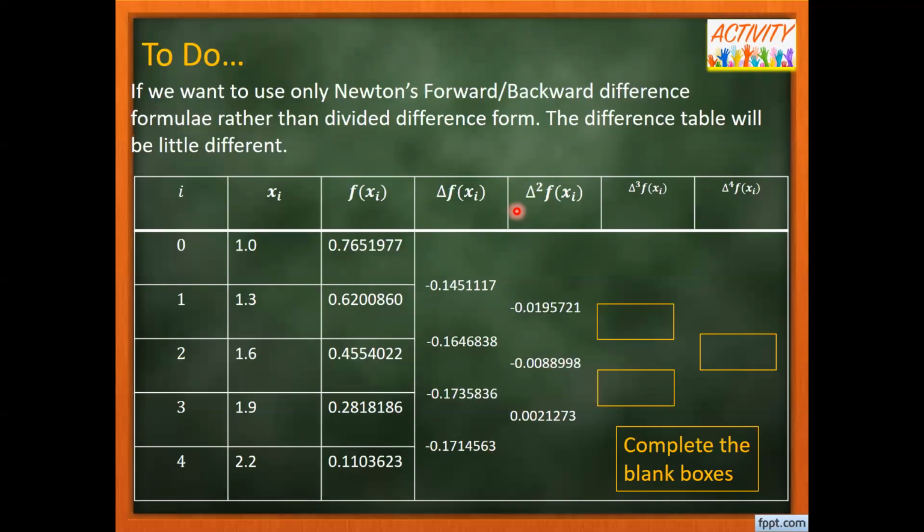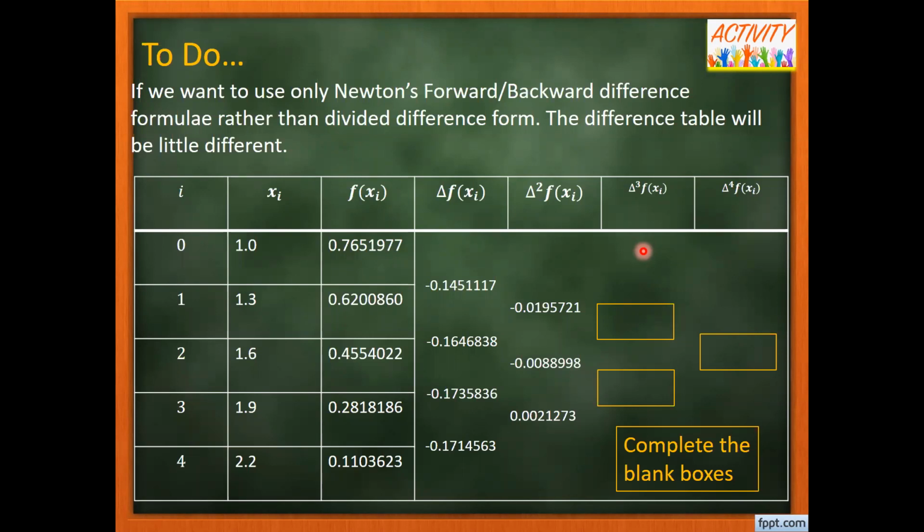Once again, it will not make any difference. In the forward case, I'm going to use the upper diagonal values, and in the backward case, I'm going to use the lower diagonal values. I'm hopeful that now you know how to calculate the value of S and how to calculate the value of H. You just need to plug those values in the polynomials which we have developed for Newton's forward difference interpolation and Newton's backward difference interpolation.